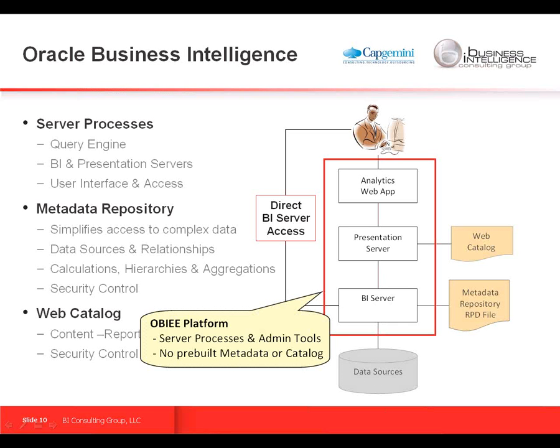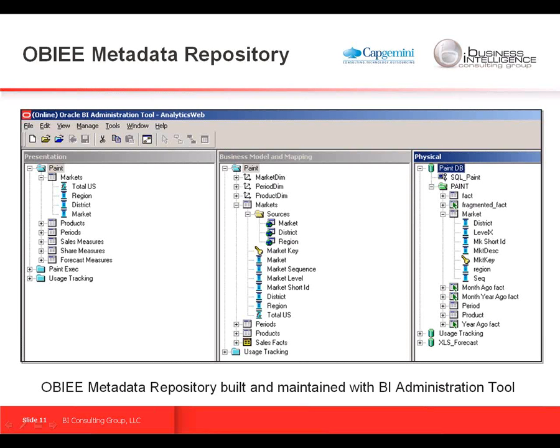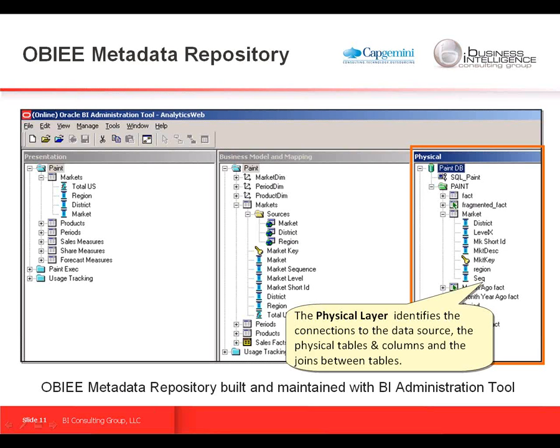Real quickly, the admin tool and the repository, I just want to go over this briefly to let PeopleSoft people understand where joins and the security pieces are set up. The repository administration tool basically shows you three layers. The physical layer is actually the data sources and database tables, views of those, and the joins that exist between those.